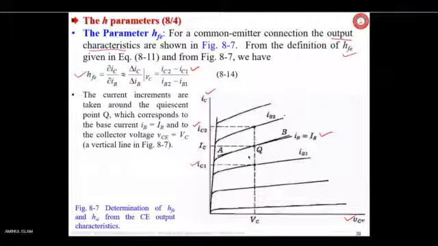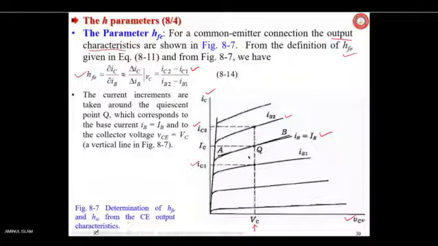Corresponding to IB2, you get IC2 at this collector voltage. Similarly, corresponding to IB1, you get IC1. And at this Q point, you measure the difference IC2 minus IC1, divided by IB2 minus IB1, and you get the value of HFE, which is nothing but what? Current gain: output current divided by input current.